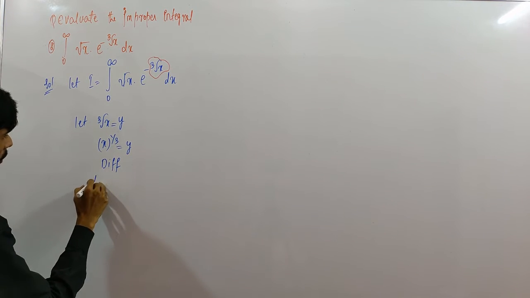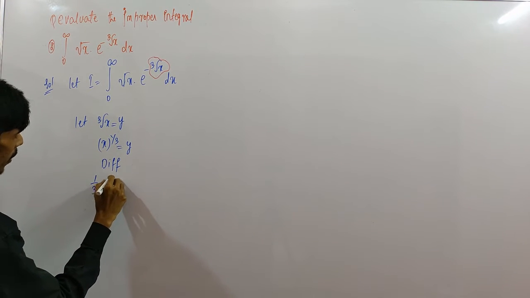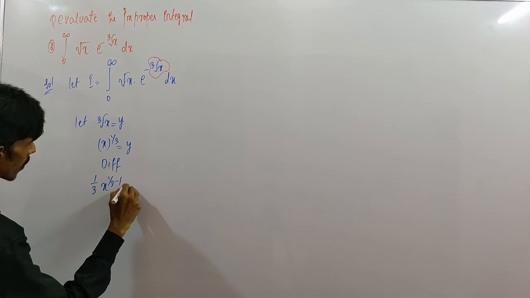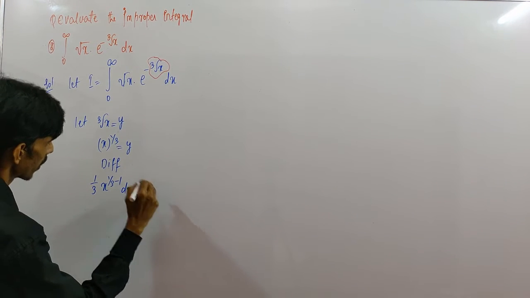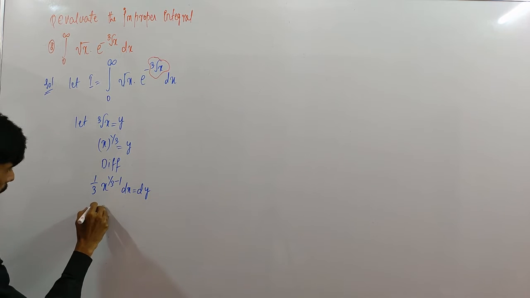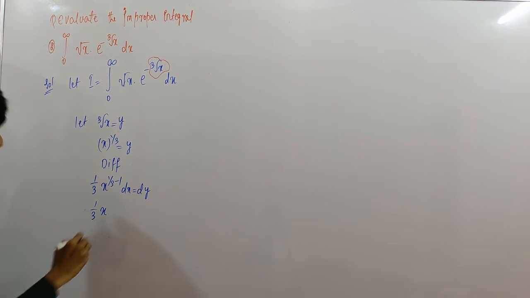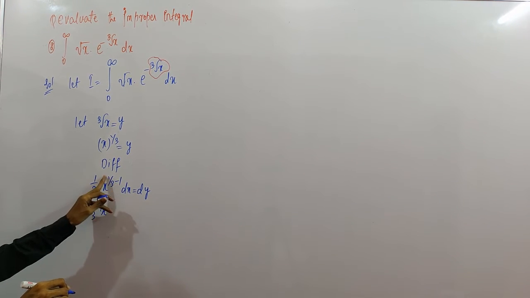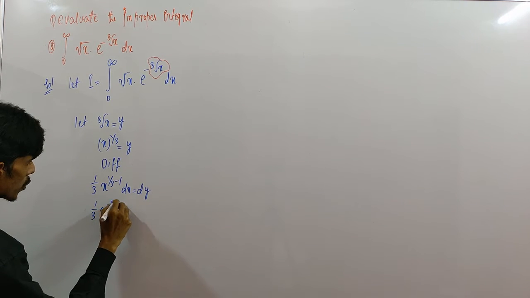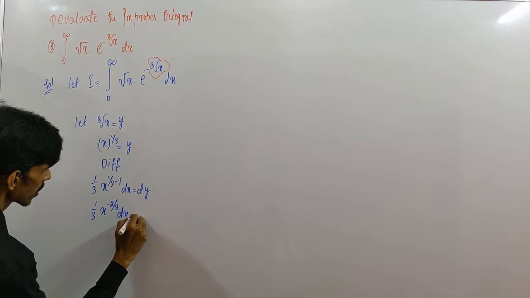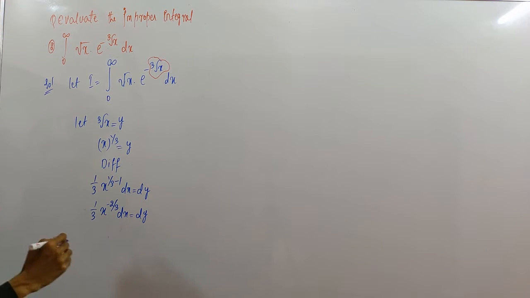We have 1 by 3 x power of 1 by 3 minus 1 dx is equal to dy. So we have 1 by 3 x power of, 1 minus 3, minus 2 by 3 dx is equal to dy.